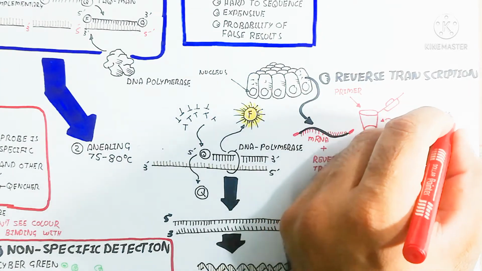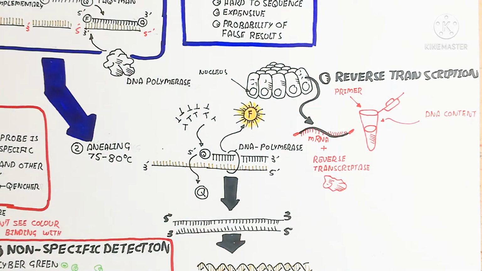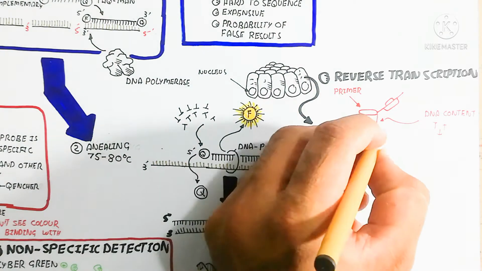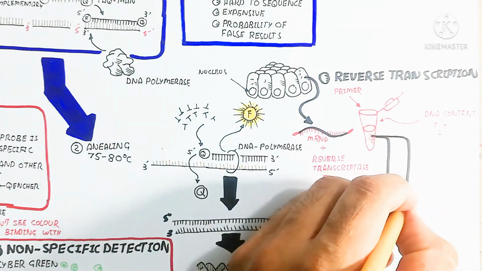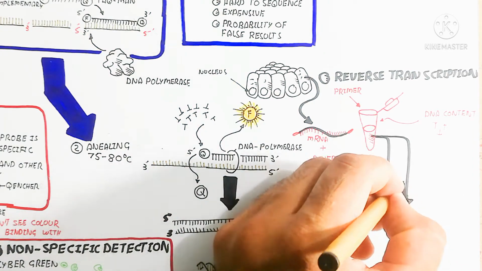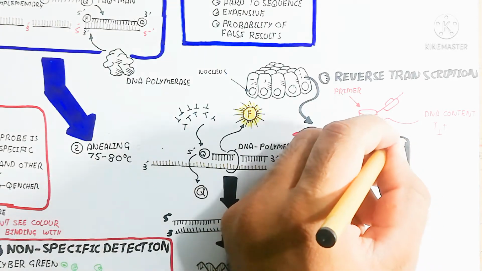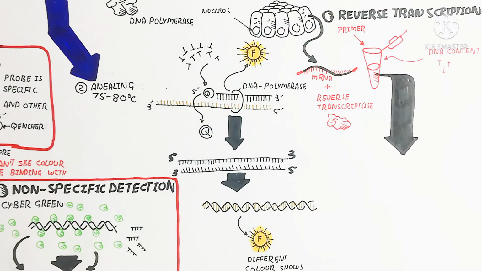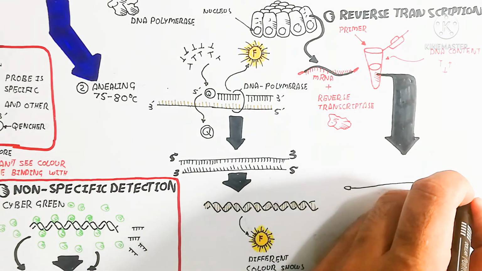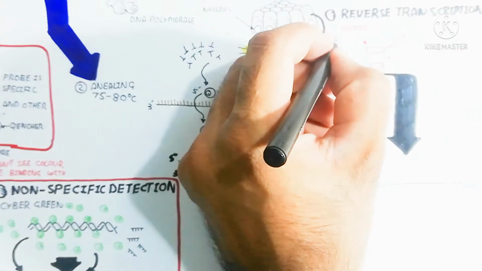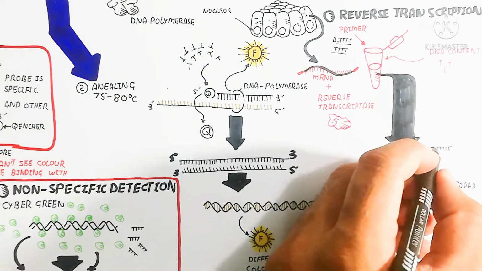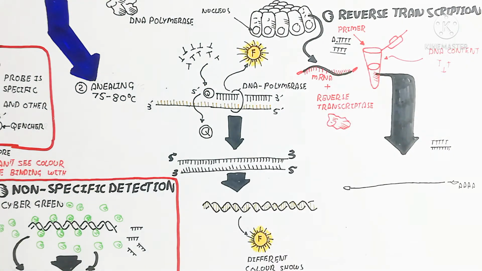Here we will add a primer. That primer contains TTTTT. Why? Because the poly A tail is present, from 5 prime to 3 prime. So we use TTTT, multiple thymine, in the primer. We also add DNA content, and the primer will anneal and bind, and reverse transcription begins.